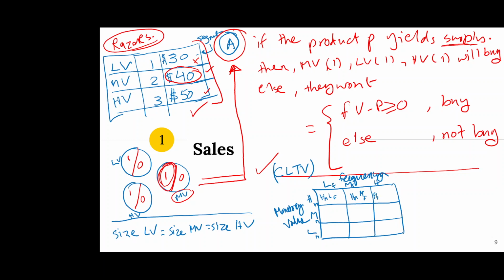This is high money, and this is low frequency. This will be medium money, corresponding to low frequency, and so forth. You got the point, and accordingly here, let's keep going.